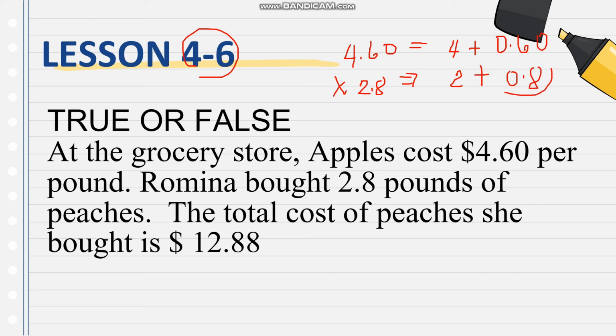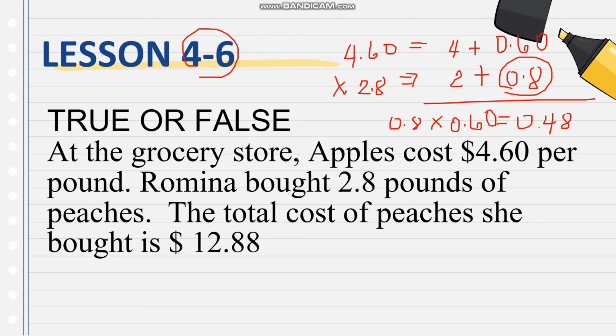So let's multiply this one first. 0.8 multiplied by 0.60. 8 times 6 is 48. Then you have two decimal places, so the answer is 0.48 because 0 has no value.